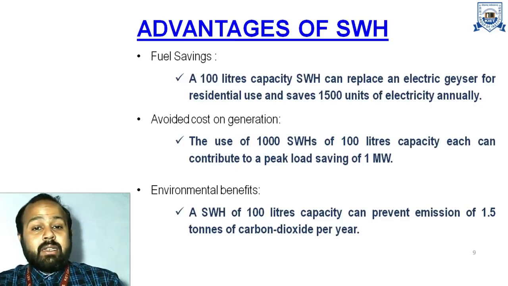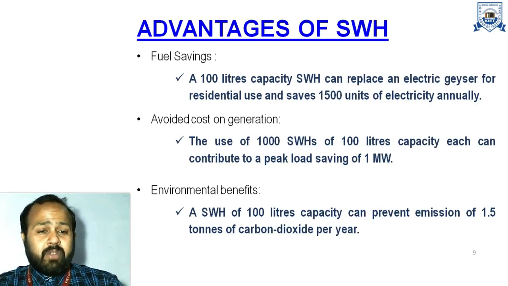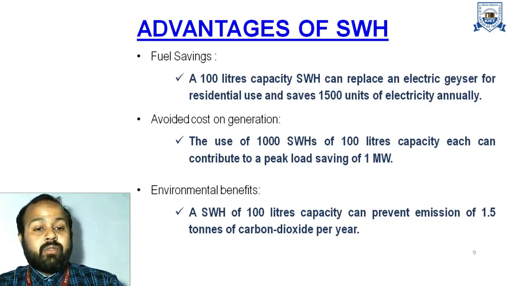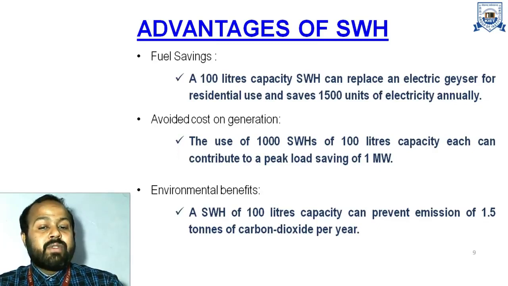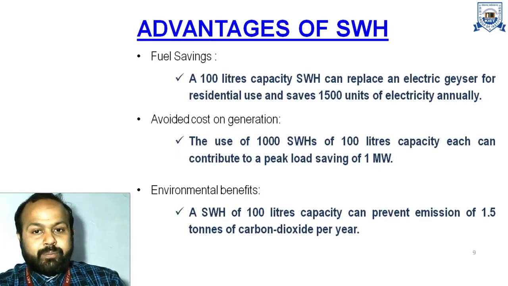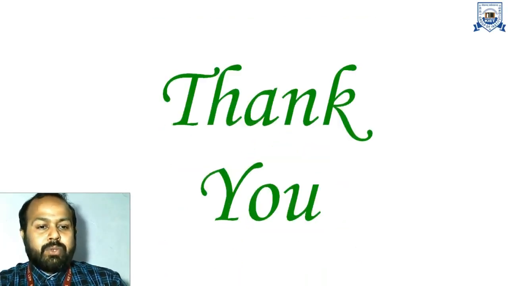For cost of generation, 1,000 solar water heaters of 100-liter capacity can contribute a peak load saving of around 1 megawatt. And for the environmental effect, a 100-liter capacity solar water heater can prevent emission of 1.5 tons of CO2 per year. So, thank you.